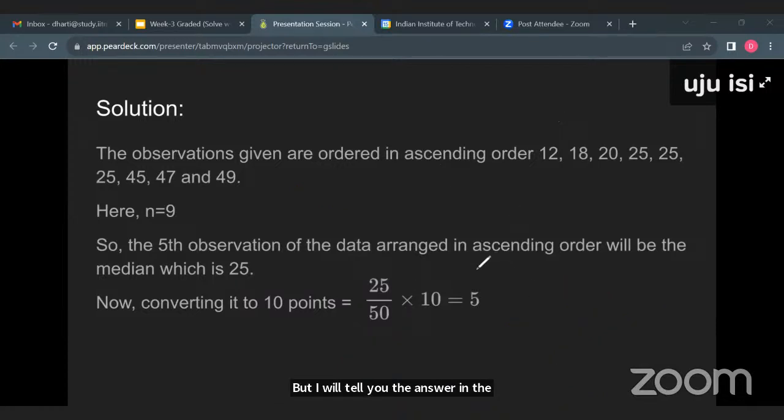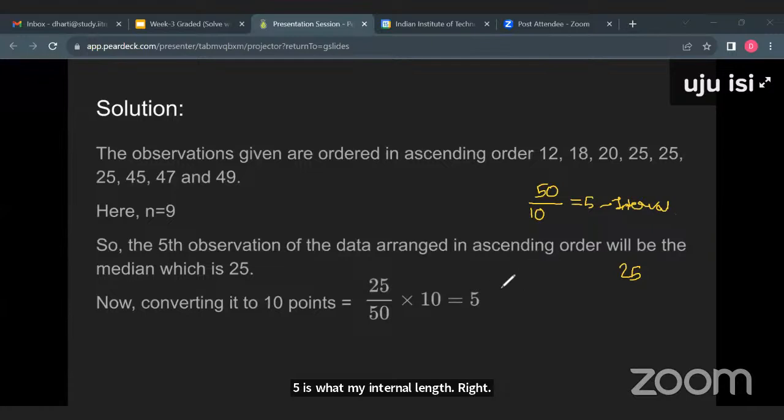Okay, so your median is 25. We just discussed that if we have an observation as 50 and we want to convert it into 10 points, then we will divide by 10, which is equal to 5. 5 is my interval length, right? Interval for bin.